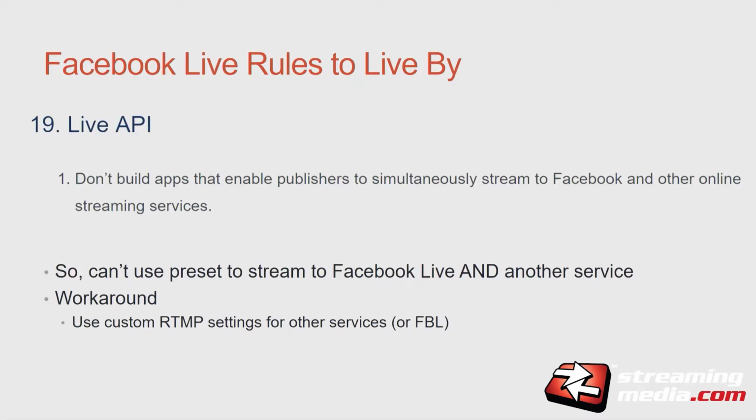There's a couple of rules to live by that I think you need to understand. If you develop using the Facebook Live API, you can't stream simultaneously using API level interfaces to Facebook Live and somewhere else. What that means is that if you're using some of these products and you use the API level to stream to Facebook Live, you're not going to be able to use the API level to stream to YouTube Live.